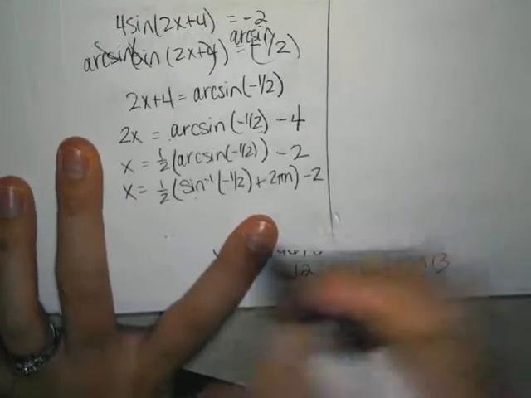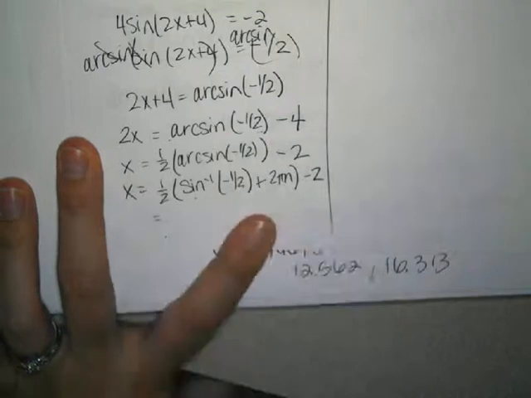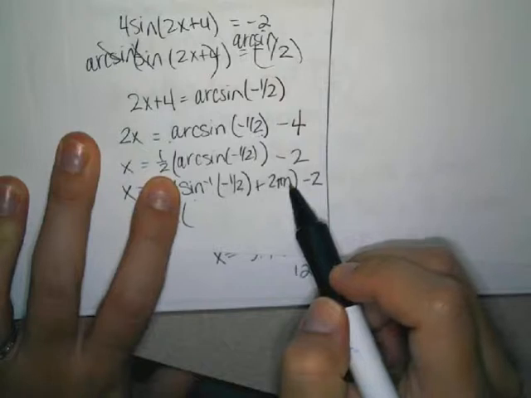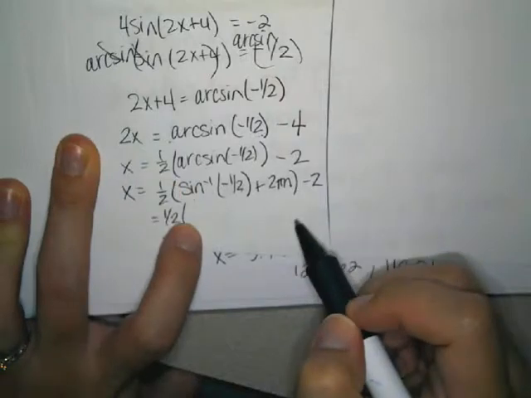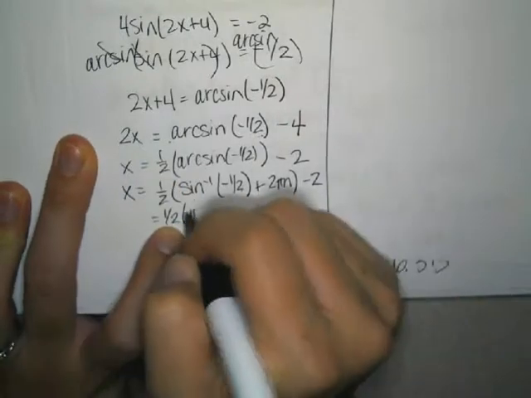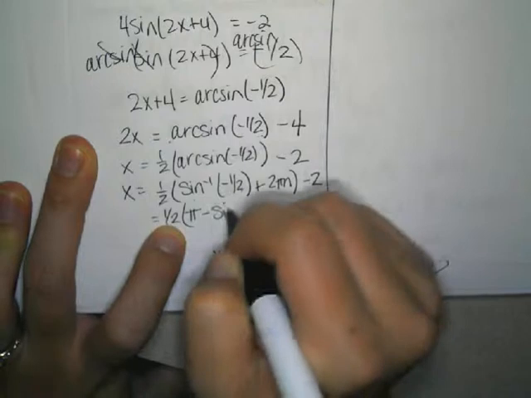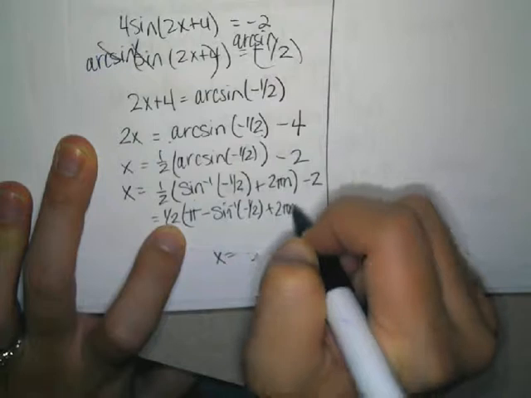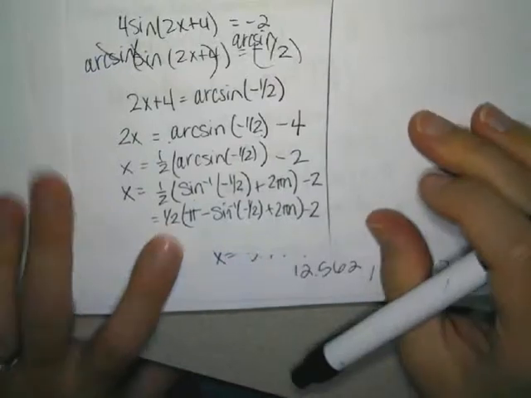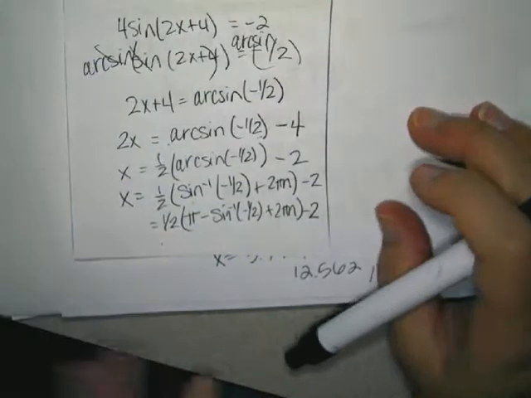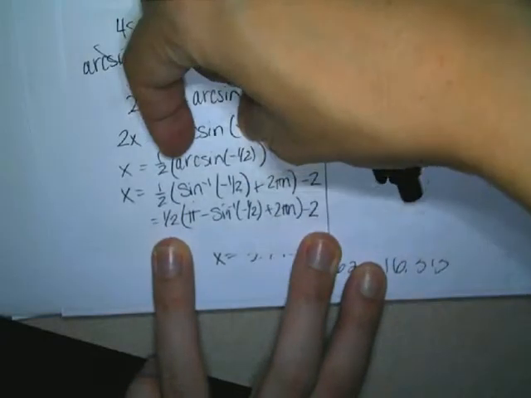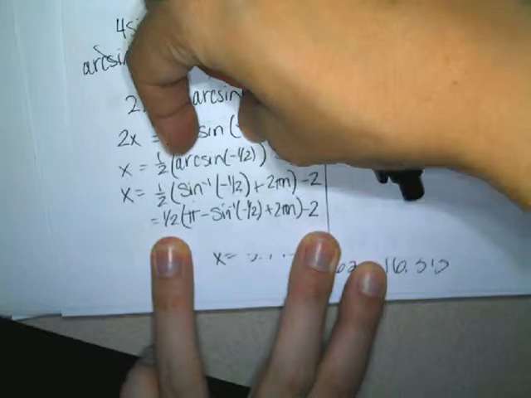So 0.5, and we have sine to the negative 1 of negative 1 half plus 2 pi n. So we're just going to use x in that case. And then we have to close that parenthesis because remember 1 half is out in front of all of that. We're not multiplying the number at the very end of this, that negative 2. That's not multiplied by 1 half. We already took half of that, so we don't want to do it again.